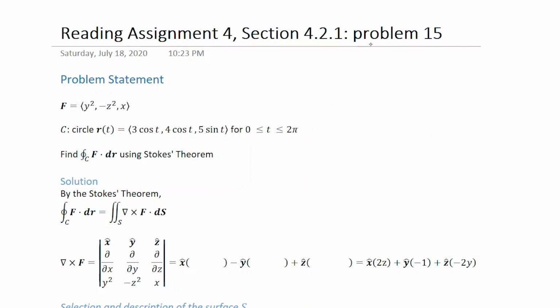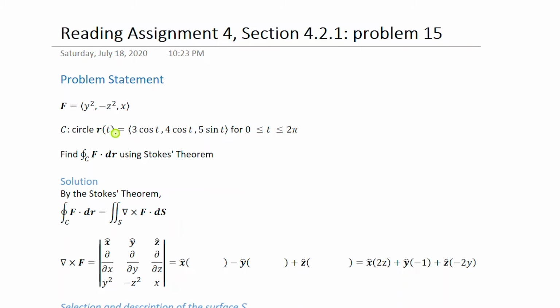This is problem 15 from reading assignment 4, section 4.2.1. The problem gives you a vector field, y squared, negative z squared, and x. It gives you a circle in this parameterized form.